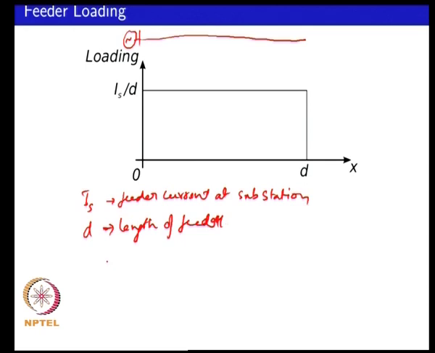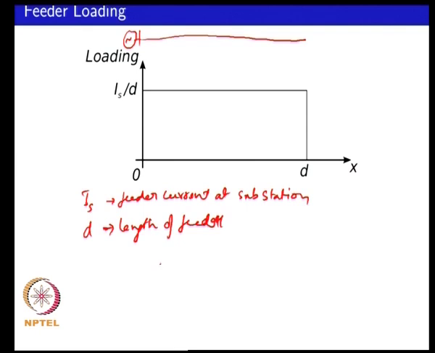So, the loading is Is by d, and you can then calculate what your current would be all along the feeder. Your current would be the maximum at the substation end and would reduce to 0 at the very end of the feeder.